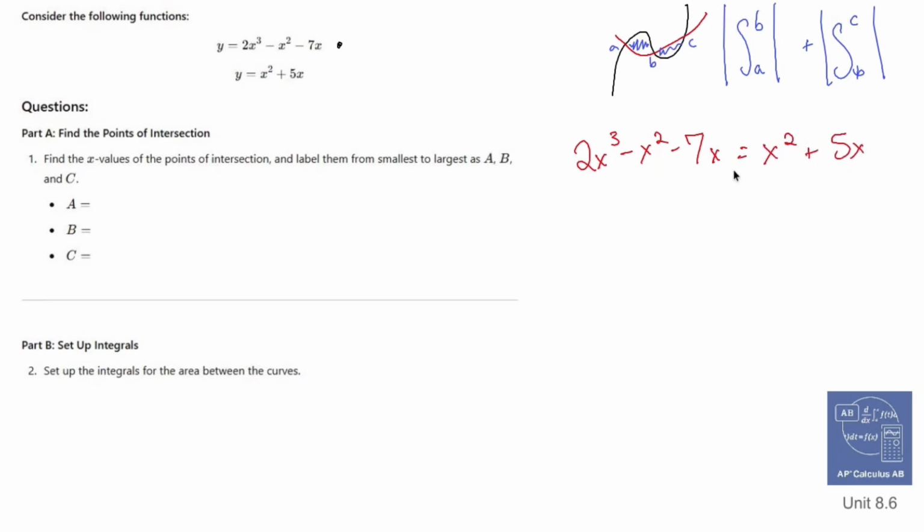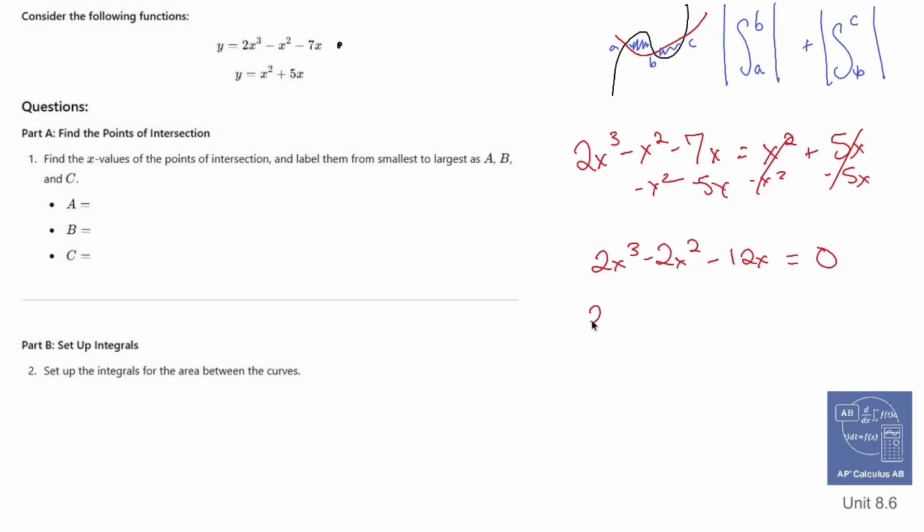Okay, let's subtract x squared, subtract 5x, and you're left with 2x cubed minus 2x squared minus 12x equals 0.